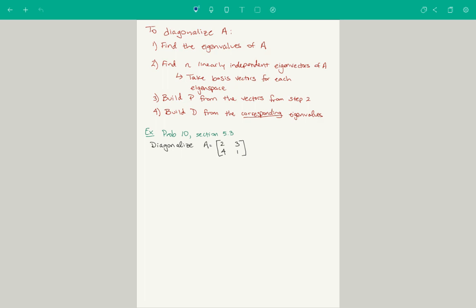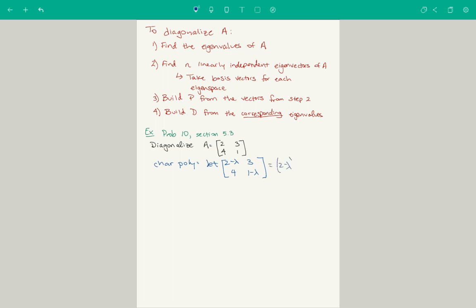So let's start off by finding the eigenvalues. That's our first step. We find the eigenvalues, this was from the last video, by finding the characteristic polynomial, which was just the determinant of A minus lambda I. So this was 2 minus lambda, 3, 4, 1 minus lambda. This matrix that I just wrote down is A minus lambda I, so we want to find the determinant of this.